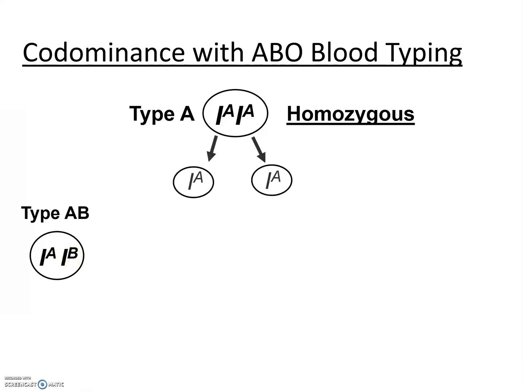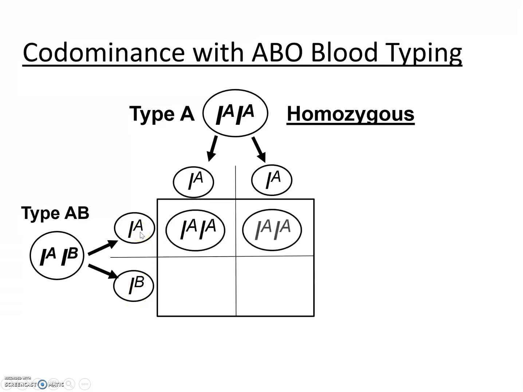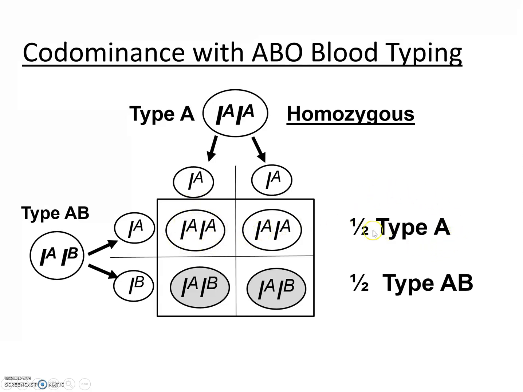We take these cells and run them through meiosis to give us our gametes, and you can see the A alleles are segregated and the A and B alleles are segregated in our gametes. We drop them into our Punnett square, and those alleles are combined, and so these individuals right here are our type A blood.